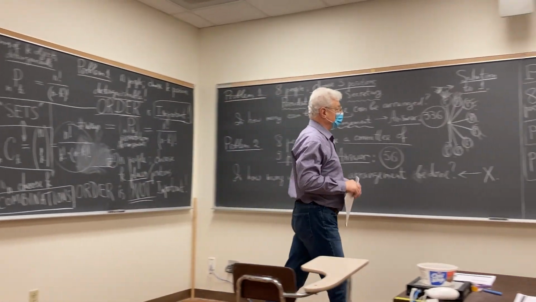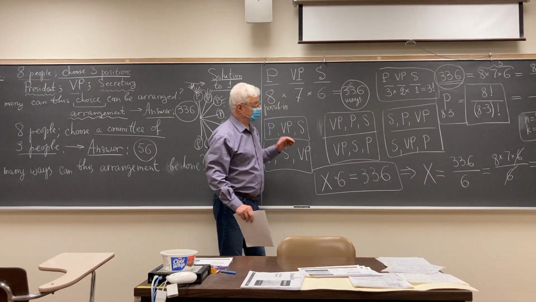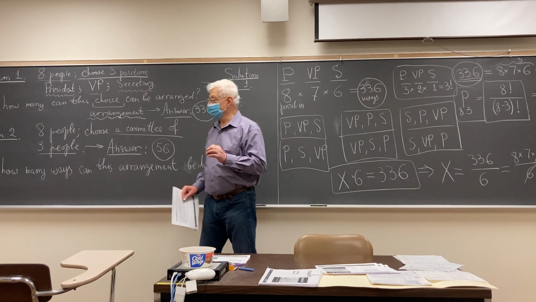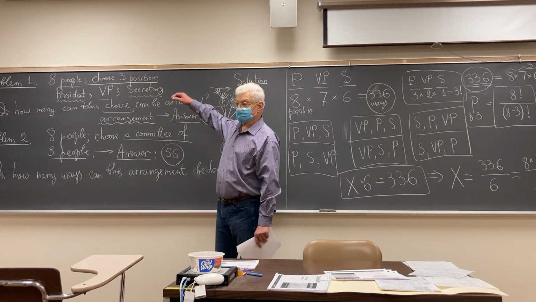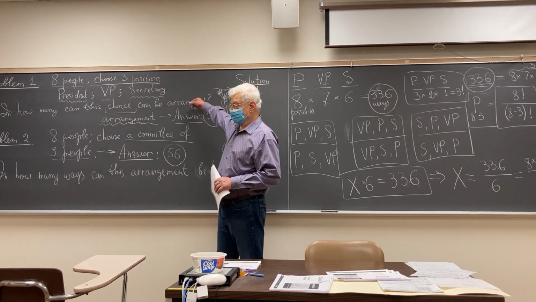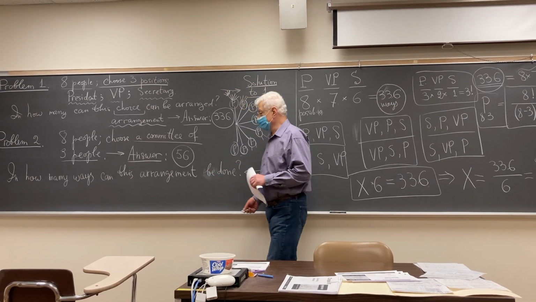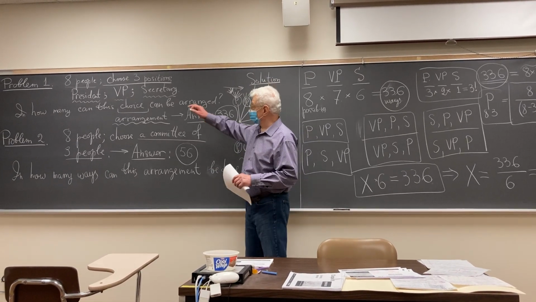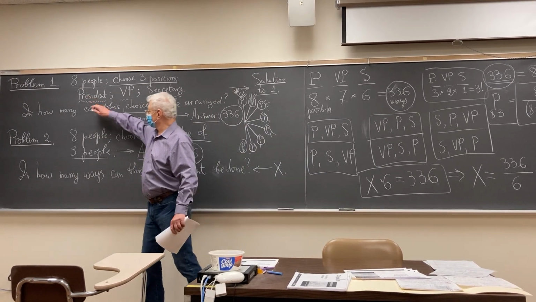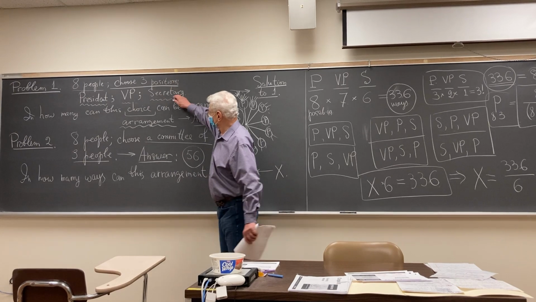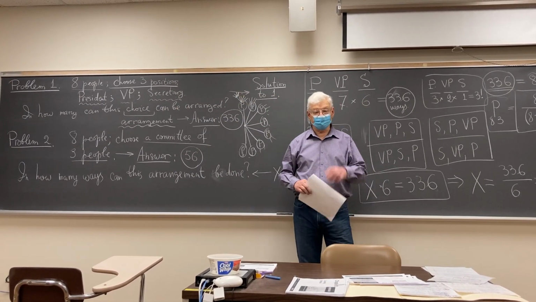Now, what is the difference between 8, 7, and 6, and 8 factorial? If, for example, you want to choose president, vice president, secretary, and who else, say senior director, then vice director, and so on, up to the last person, then in this case you would say 8 possibilities for this, 7 for that, 6 for this, then 5 for that, and so on, up to 1, in which case you would get 8 factorial.